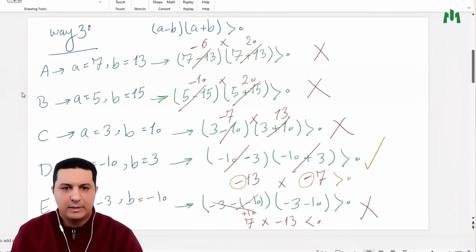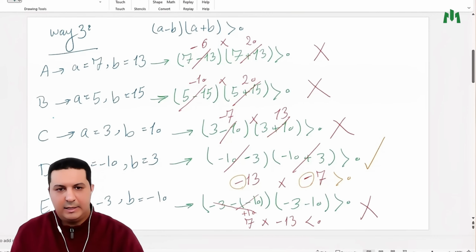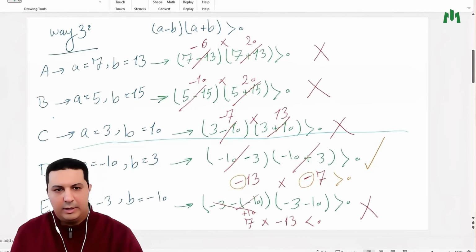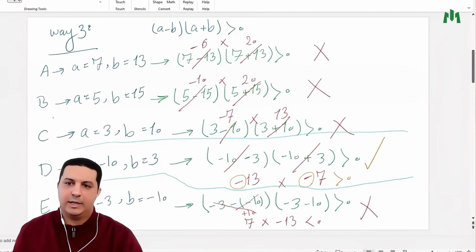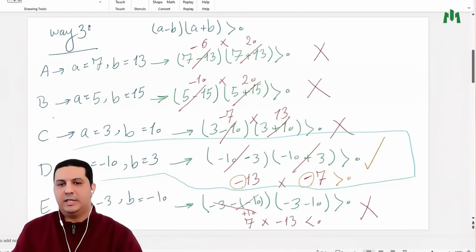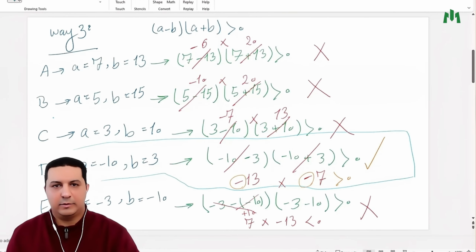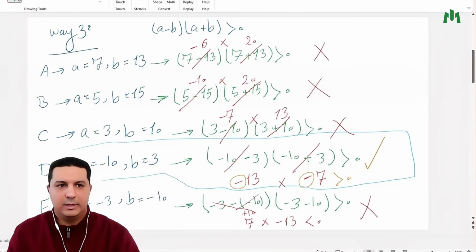So the final answer: D is the right answer for this part.